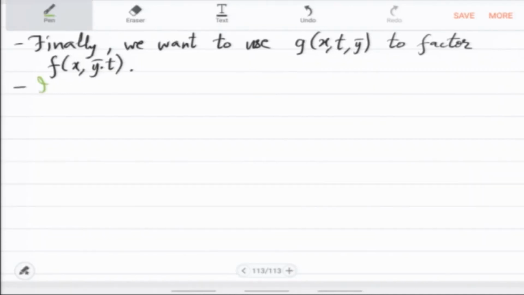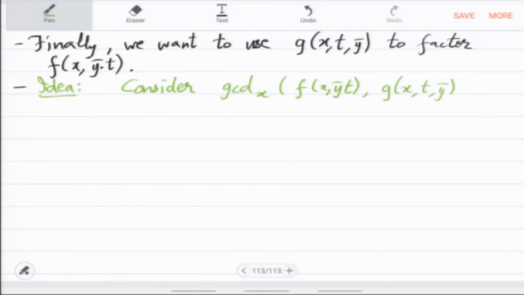Okay, so the idea here is, as I said, take GCD. So consider the GCD of f with g. And the claim is that this GCD will actually give you a factor of f.